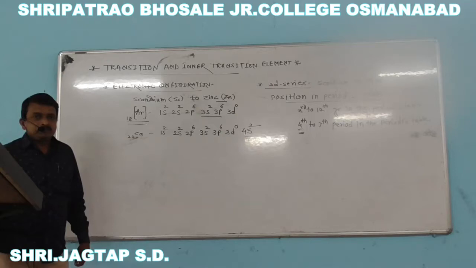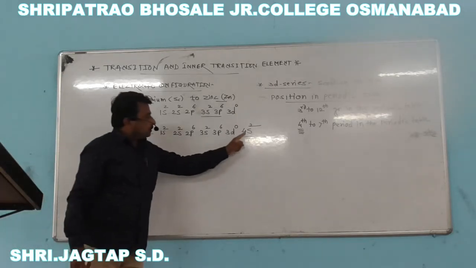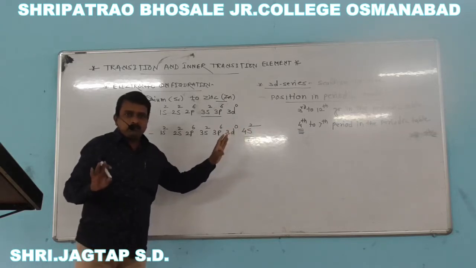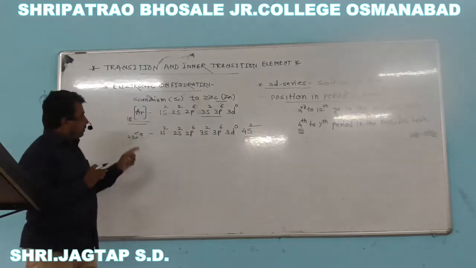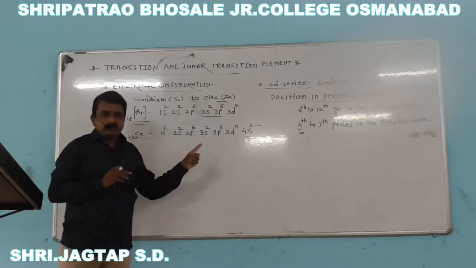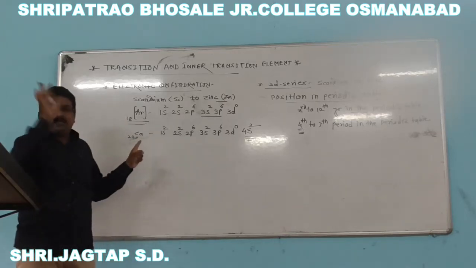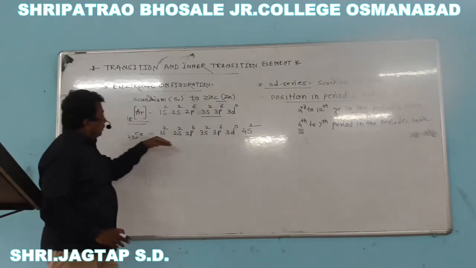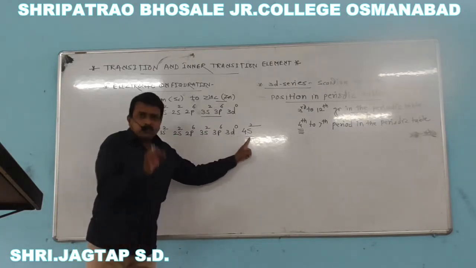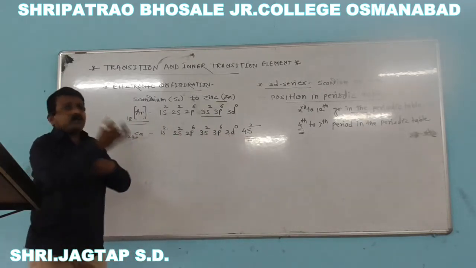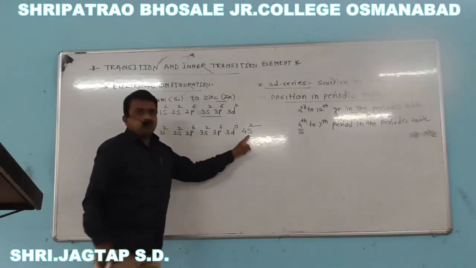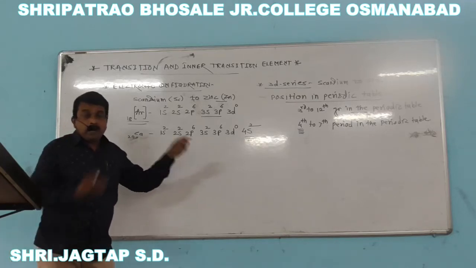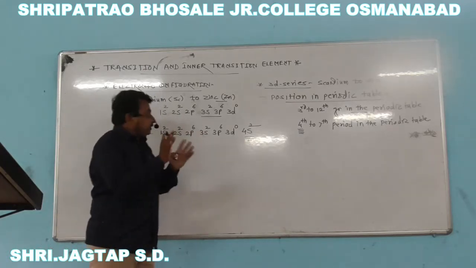In short, calcium's last electron enters into the s orbital. So it is called an s block element. Calcium is found in the s block. Here the last two electrons enter into the 4s orbital.